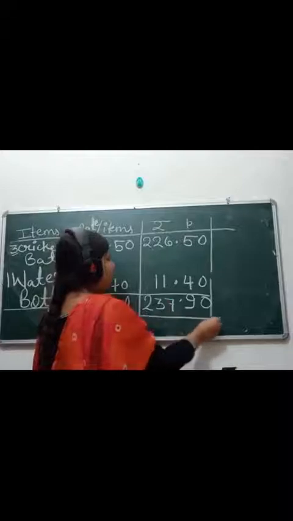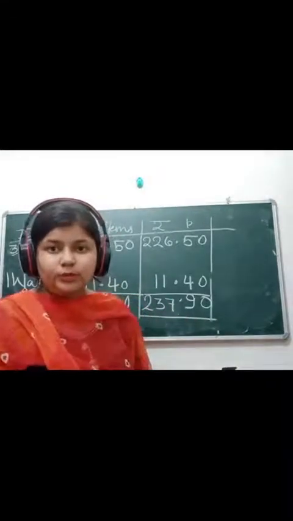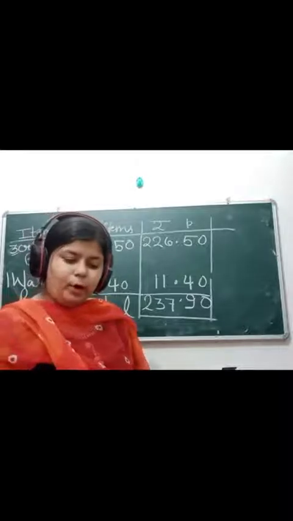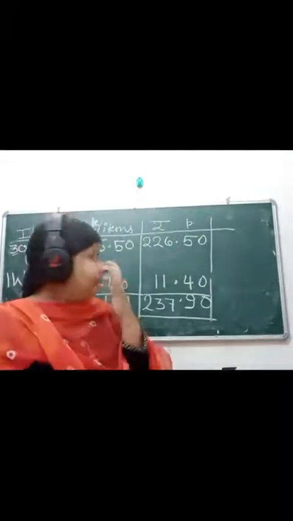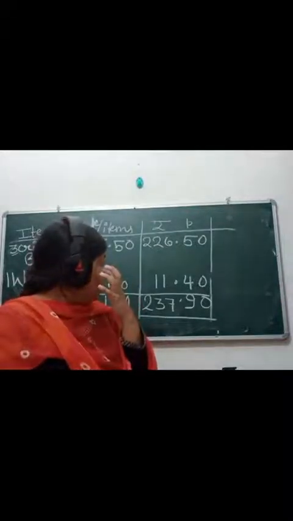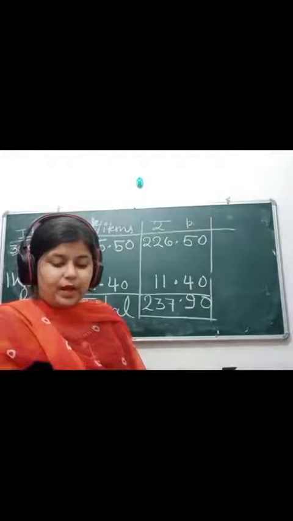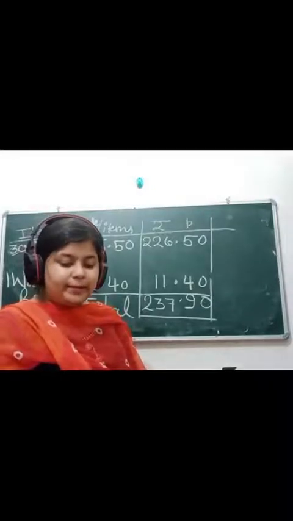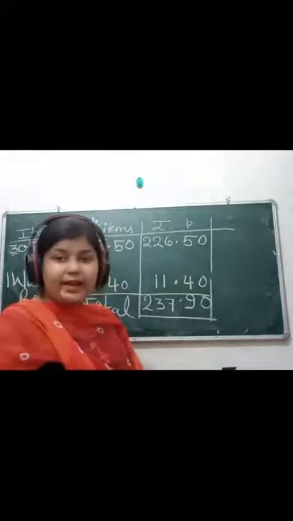So the total cost of a water bottle and 3 cricket bats will amount to 237 rupees and 90 paisa.